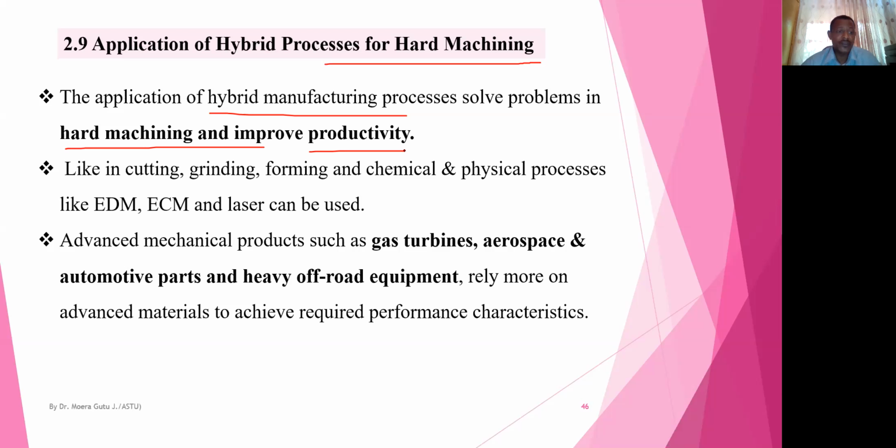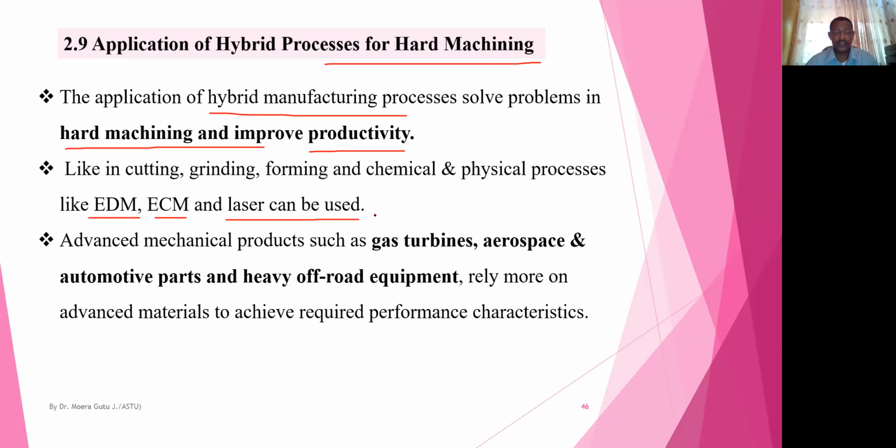tool wear. Processes like cutting, grinding, forming, and chemical and physical processes like electric discharge machining, electrochemical machining, and laser beam machining can be engaged to facilitate hard turning, hard milling, and hard drilling.